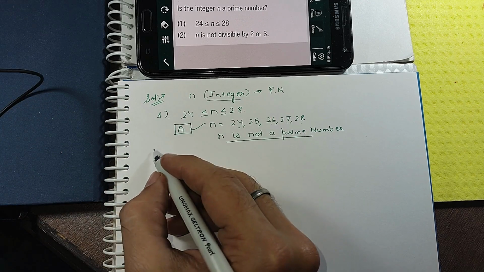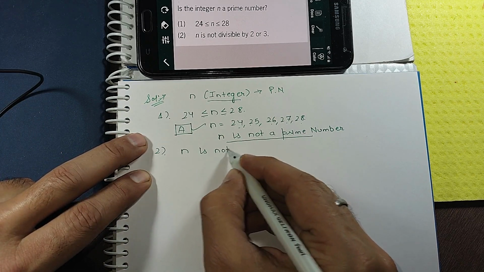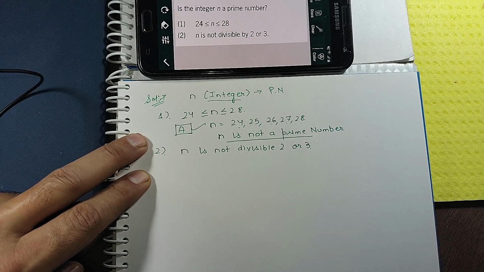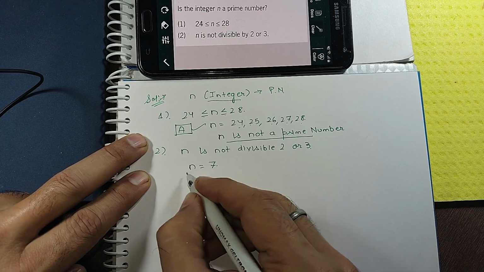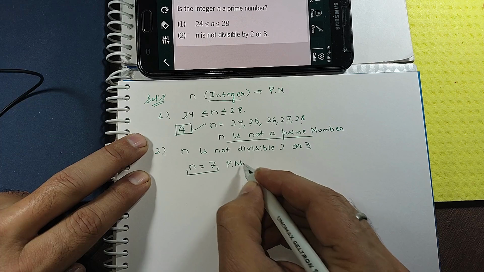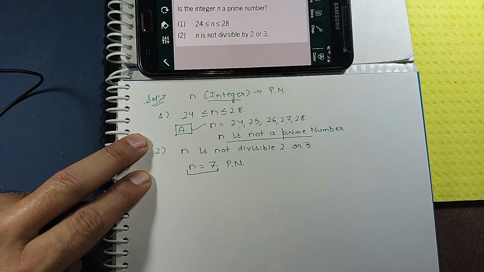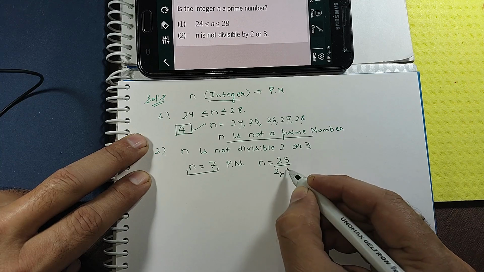Now moving to statement 2. Statement 2 says that n is not divisible by 2 or 3. So if n is not divisible by 2 or 3, then we can have the value for n equal to 7, and we can say that yes, it is a prime number because 7 is not divisible by 2 or 3. But hold on, if we take another value of n which is not divisible by 2 or 3, let us suppose n is equal to 25, which is not divisible by 2, not divisible by 3.